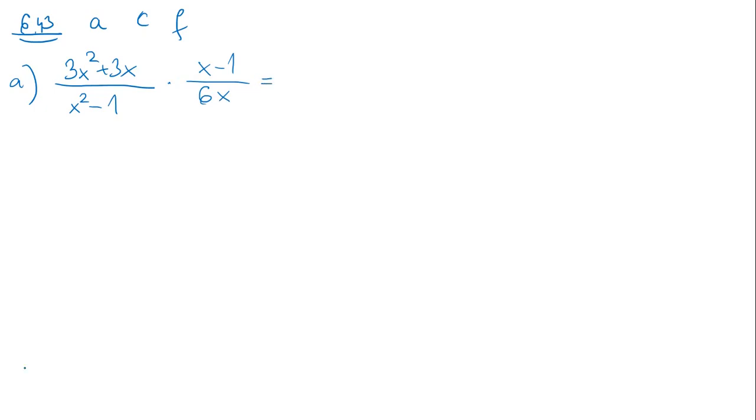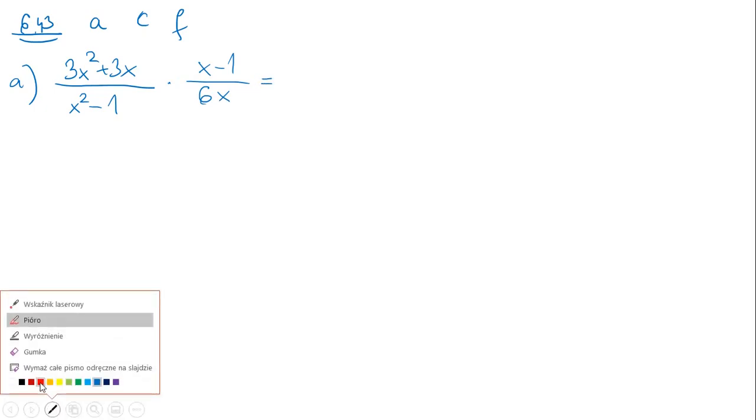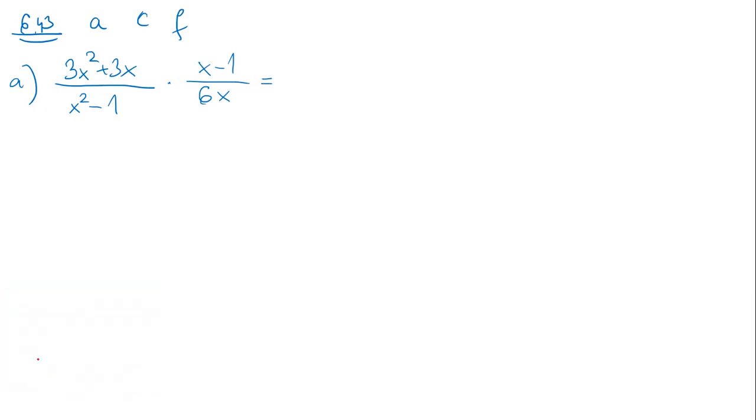Okay, so in our rules we have the first point like domain, but this time I will wait with the domain because, well, of course I could say straight away which numbers I have to exclude, but let me just give me a few minutes before I do it.